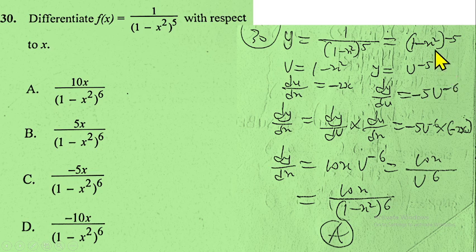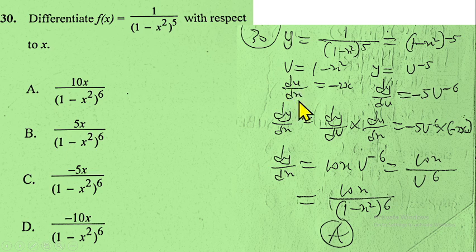Then from there, this is a function of a function, so we can differentiate it by using the chain rule. By calling this function u, you have u equals 1 minus x squared, which you can differentiate with respect to x.